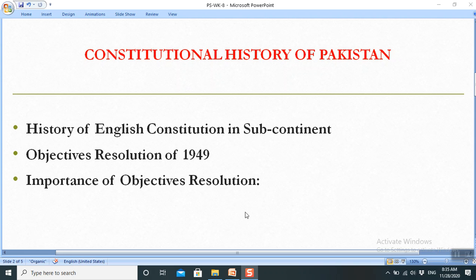And then in around the 16th or 17th century, the British age of exploration, and then the formation of the East India Company. The East India Company finally came to India.